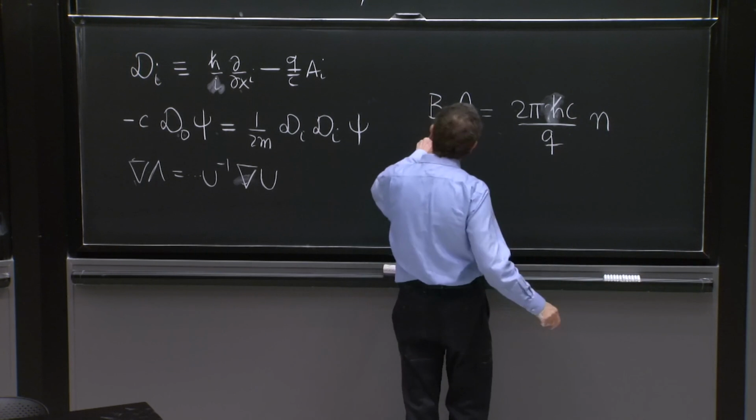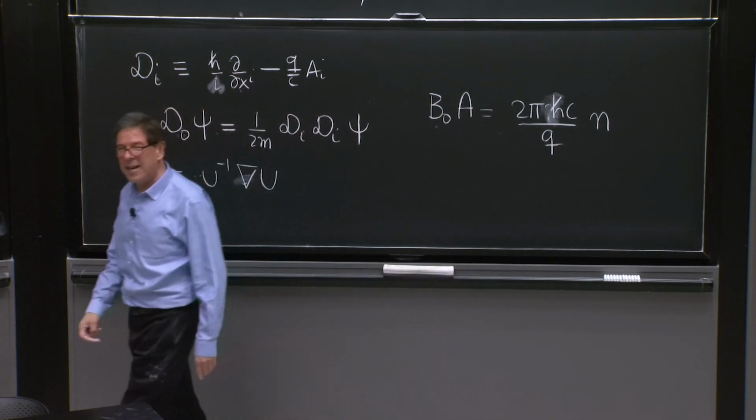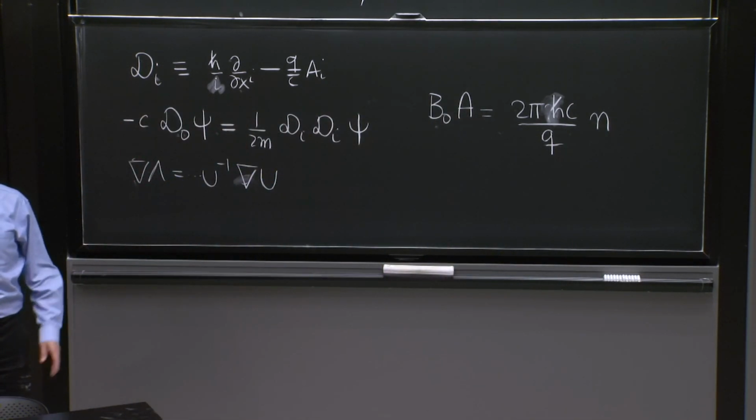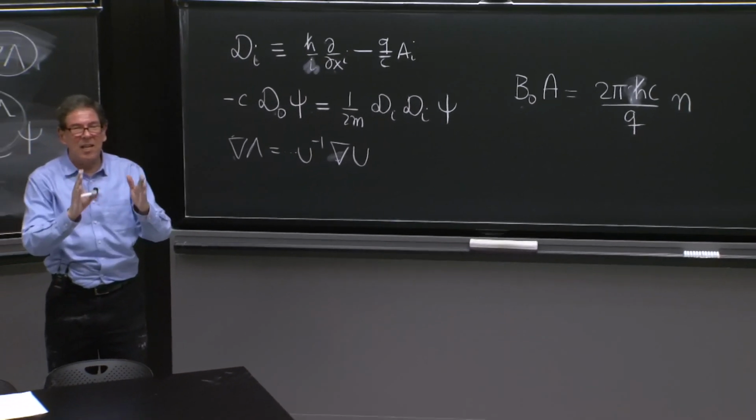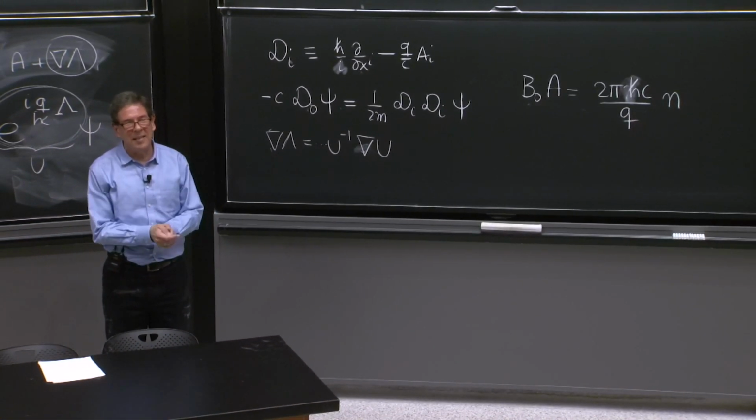So you cannot have an arbitrary magnetic field. The magnetic field is such that the flux is quantized.